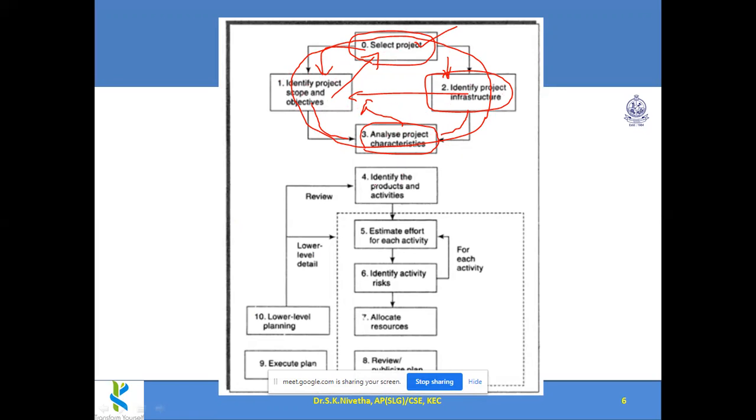And after that, they will be identifying the products and activities. Product means what are all the intermediate deliverables we'll be giving. So if I am going to develop a student data management system, that is the project. Product means the attendance management part, that will be released as a separate part.